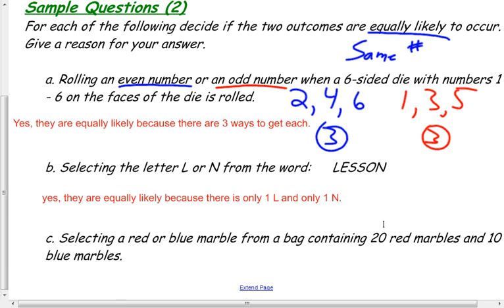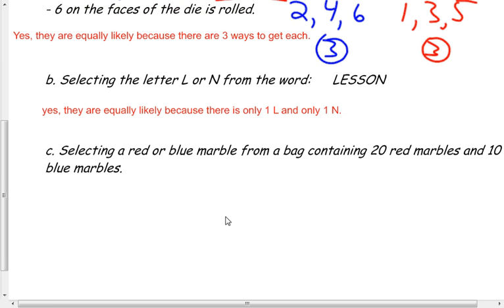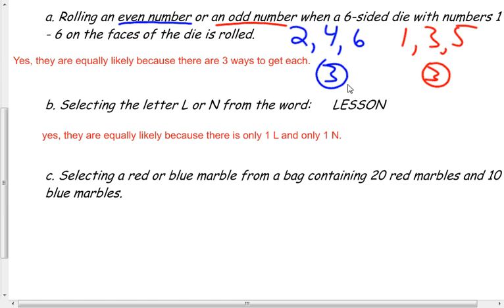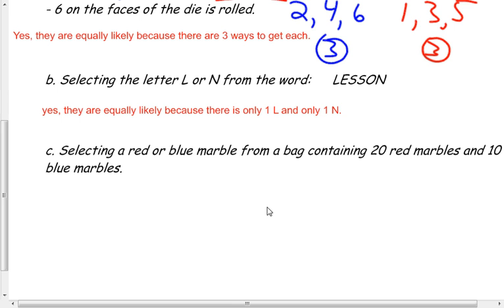Okay. And finally, question C says selecting a red marble or a blue marble from a bag containing 20 red and 10 blue marbles. So let's think, are they the same number? Remember we said that equally likely meant that they're the same number. So do we have the same number of blue and red marbles in this case? Well, clearly we don't, right?